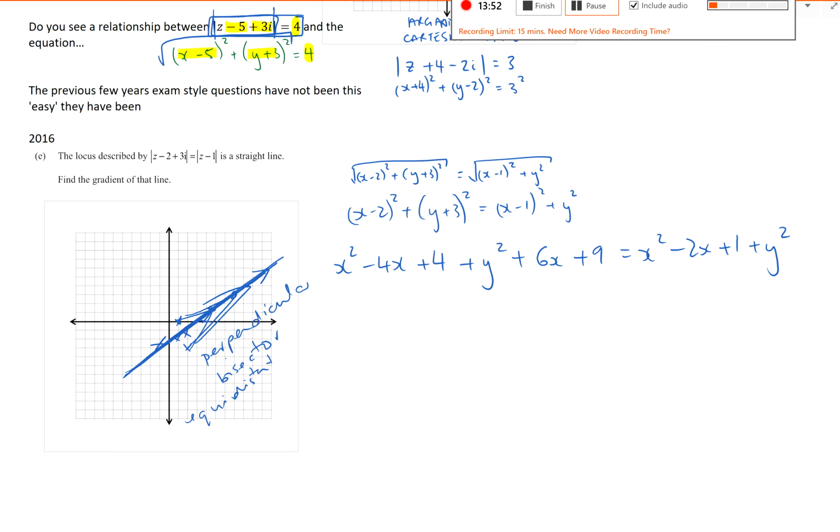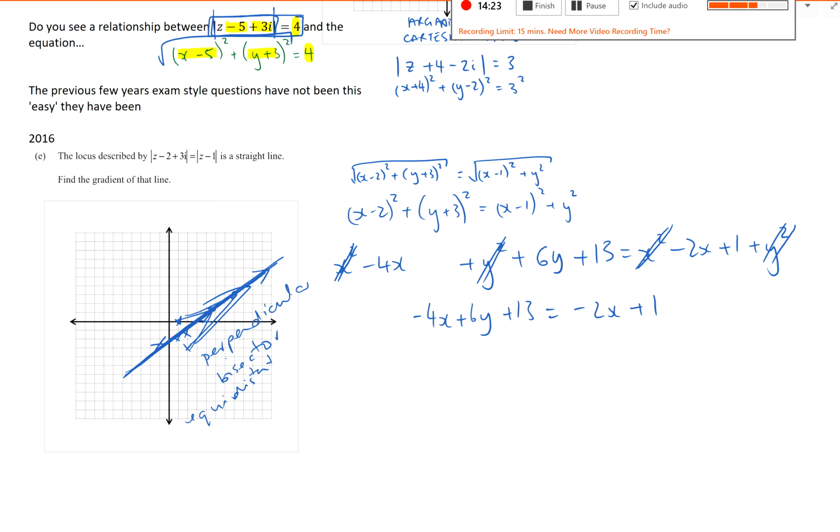So I'll cancel x squared and y squared on both sides, and combine this 4 and this 9 to be 13. So now on my left side I've got -4x plus 6y plus 13. Sorry, that should be a y, shouldn't it? Apologies, that should be a y. And this should equal -2x plus 1.